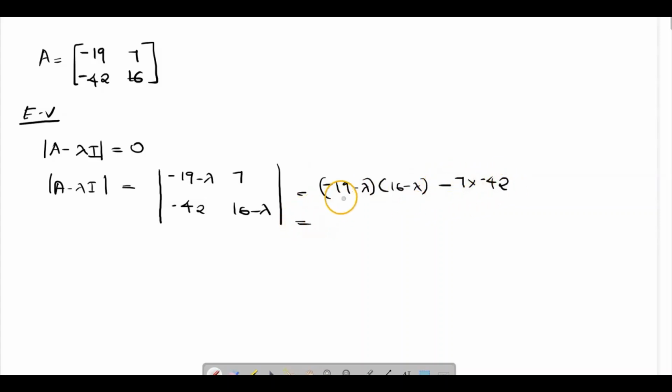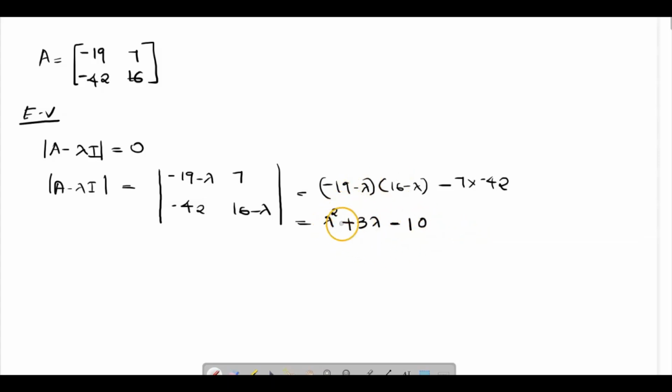So we get lambda square, plus 19 lambda minus 16 lambda is 3 lambda, and minus 19 into 16 plus 42 into 7. We get the number minus 10.